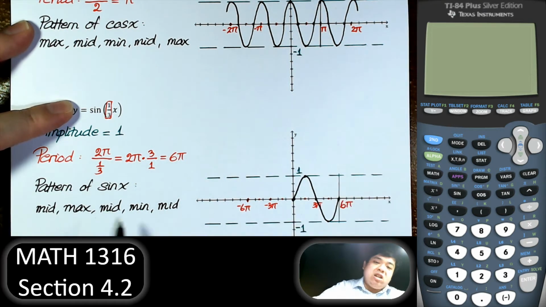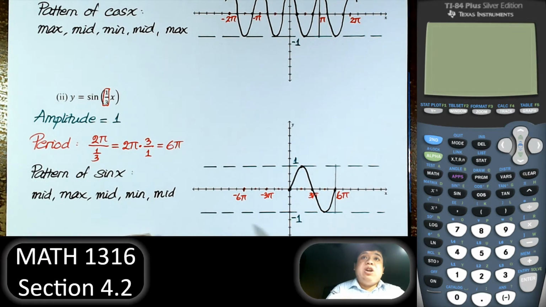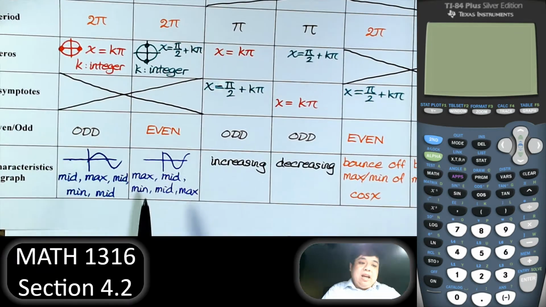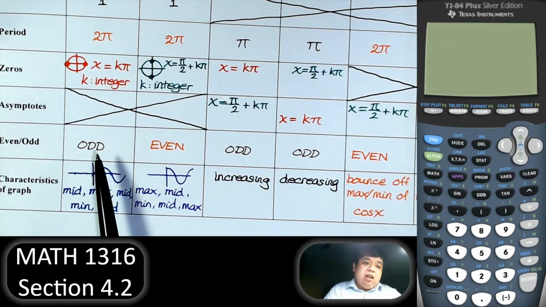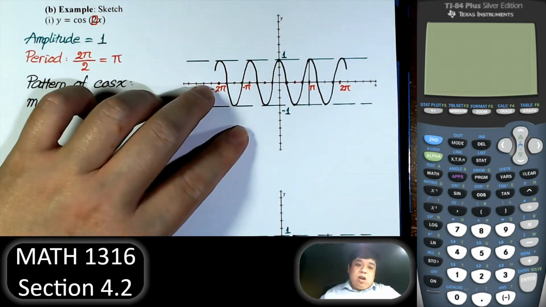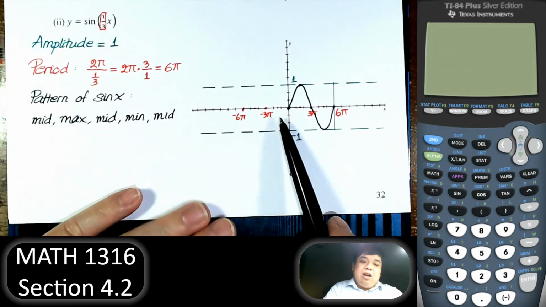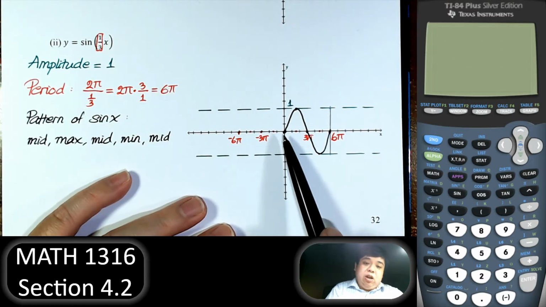You don't have to memorize this. Once you do enough problems, you can get the graph of sine and cosine. Also, based on even and odd, cosine is even, sine is odd. So cosine is symmetric about the y-axis. The sine is symmetric about the origin.